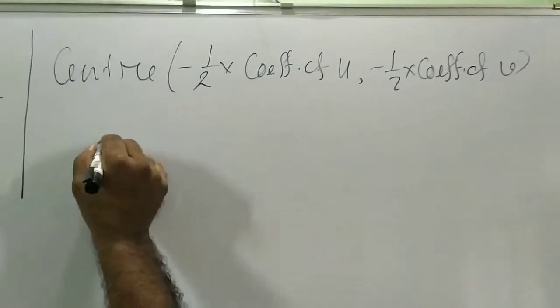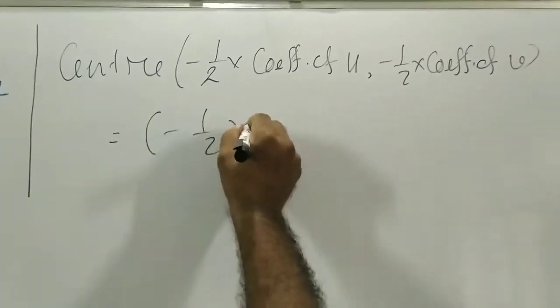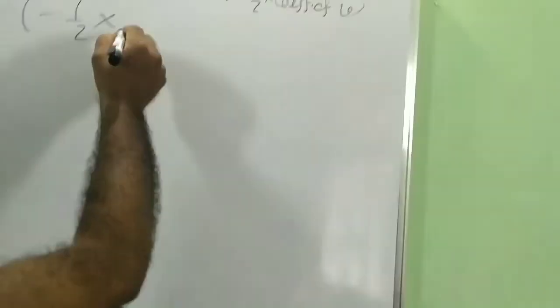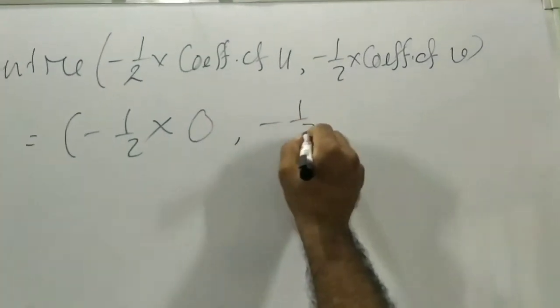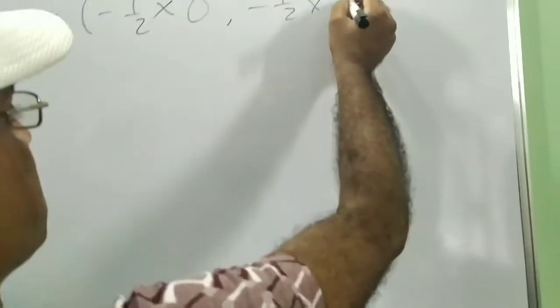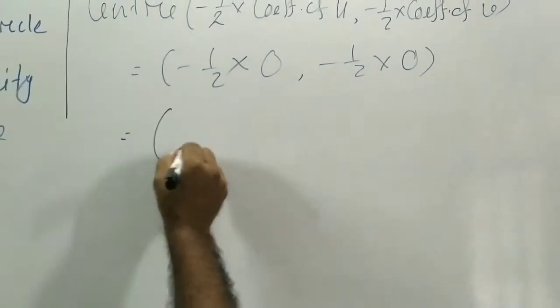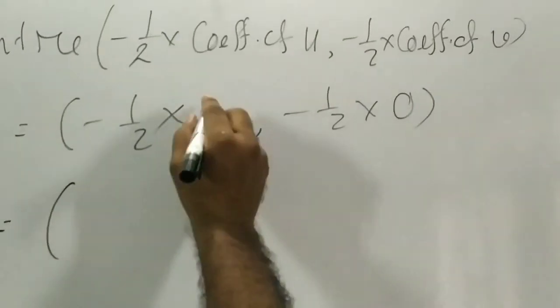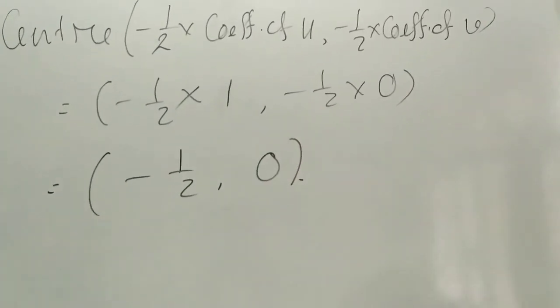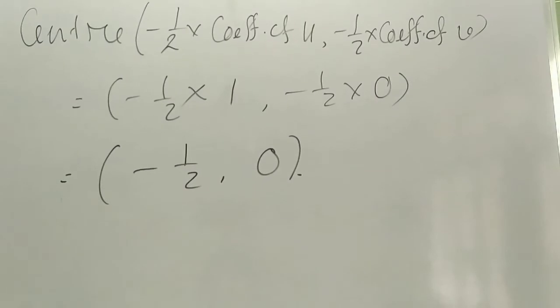Here the coefficient of u is 1, and v is absent, so we write 0. So the center is minus half comma 0.